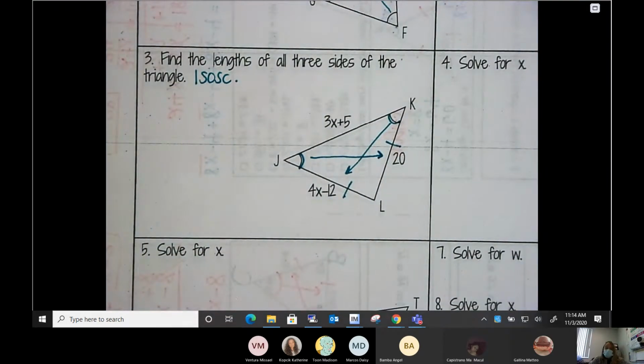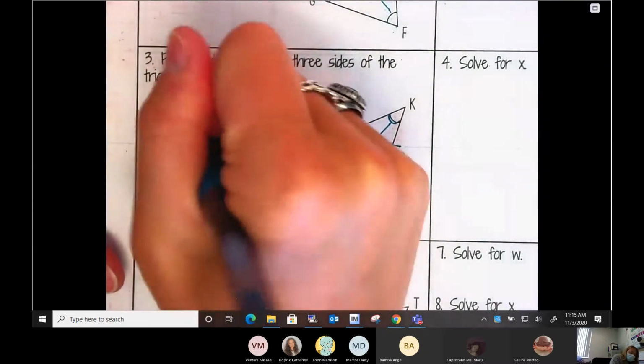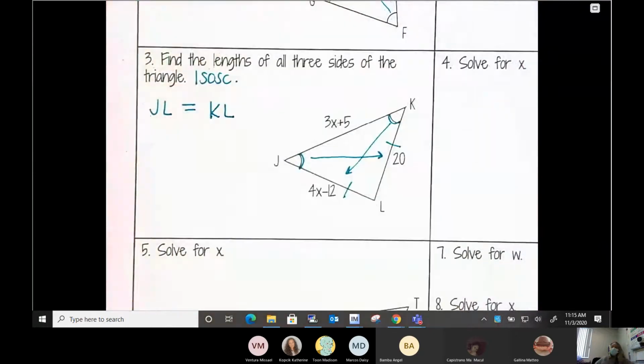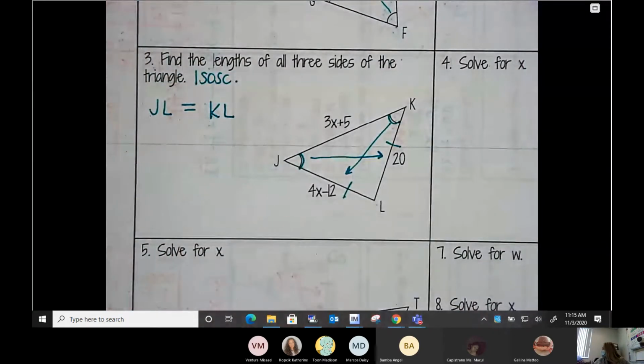All right. So if those 2 sides are exactly the same, what can I do with those equations? I can set them equal to each other. So I'm going to take side JL and set it equal to side KL, and then I'm going to solve it like an algebra problem.